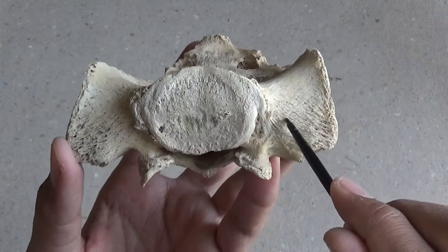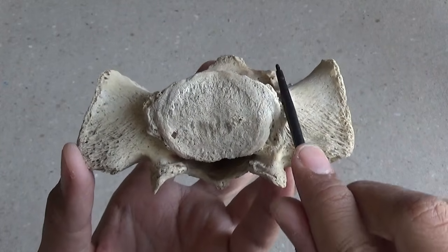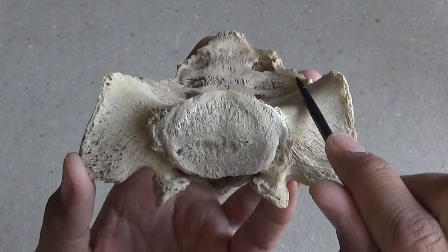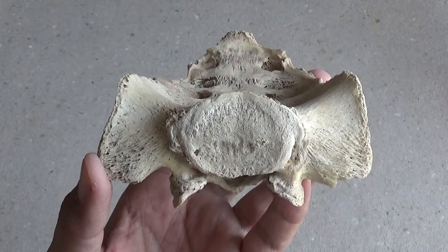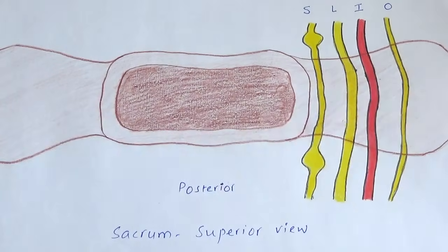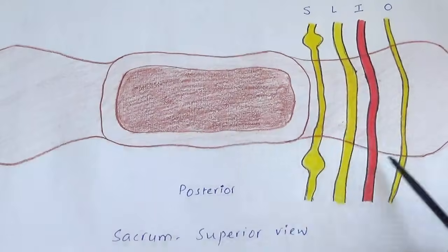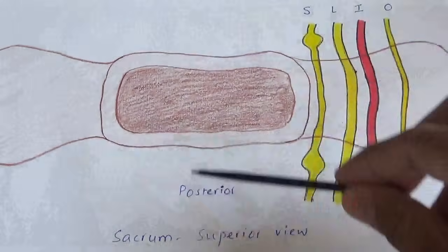The smooth medial part of the ala is related to four structures which cross the ala from in front. To understand these four structures, let's see a diagram. In this diagram, you can see this is the superior view of the sacrum, this is anterior and this is posterior.